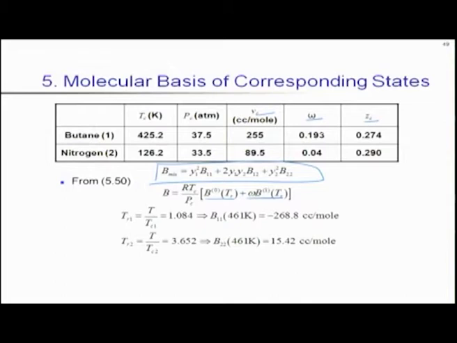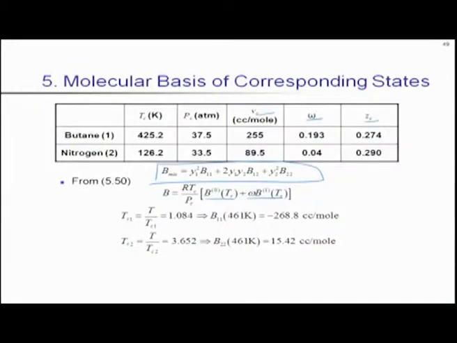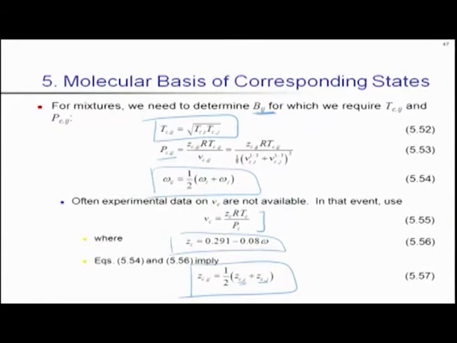Nitrogen is, but butane is not, and if you mix them, of course it is not, so this will contribute something. Now let me first find the Tr. The T given to us is 461. Using this we calculate Tr1, Tr2. From here we can find B11 and B22 using the expressions of B0 and B1.